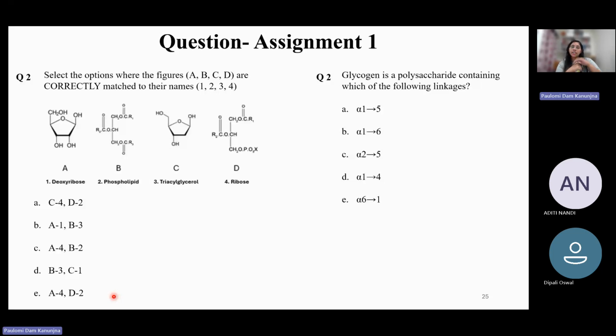So the question is basically, I'm sorry, I don't know why both of them show the same question number.